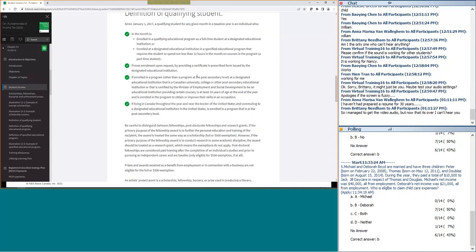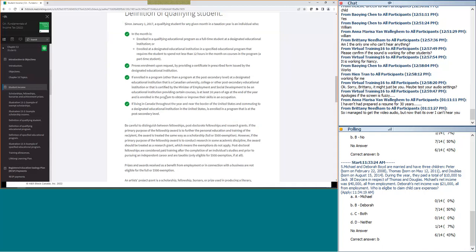Okay, and then if it's a program that isn't post-secondary, if it's at a designated institution, that's university, college, or other post-secondary education institution, they have to be 16 or older. So if you have a genius child who is 15 and they're going to college, their scholarship may not qualify as being tax exempt, okay, depending on the other rules, okay?